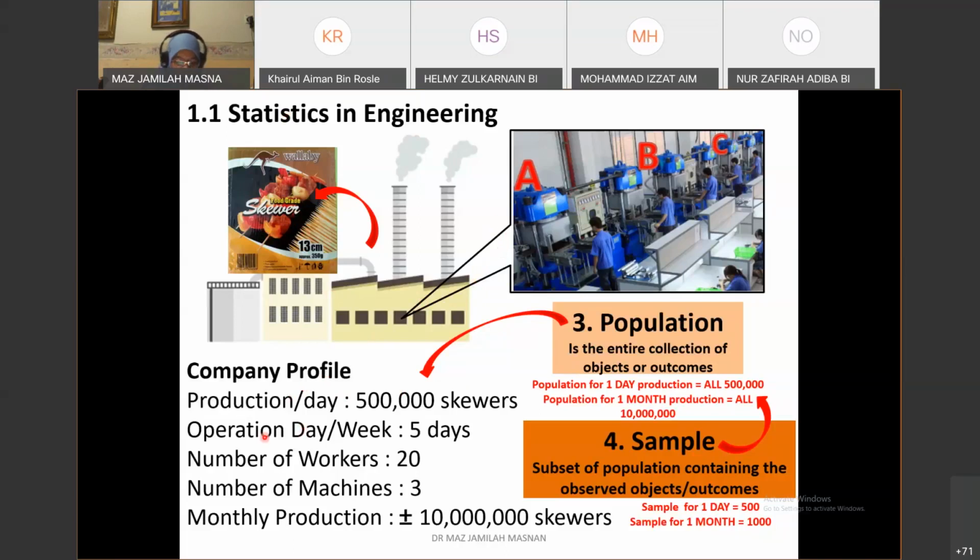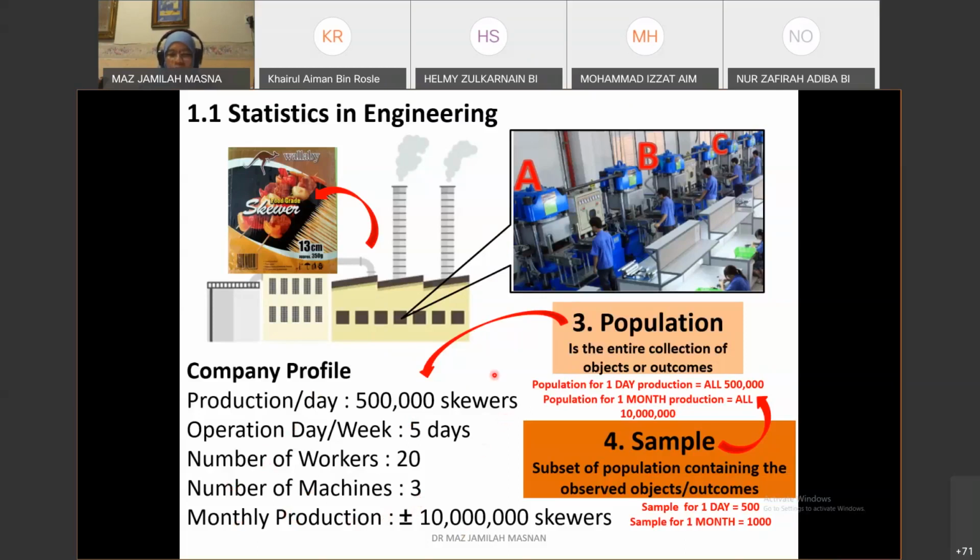Operation 5 days per week. Number of workers, 20 workers. Number of machines, 3. Monthly production, plus minus 10 million skewers monthly. From this information, we can define our population and sample.